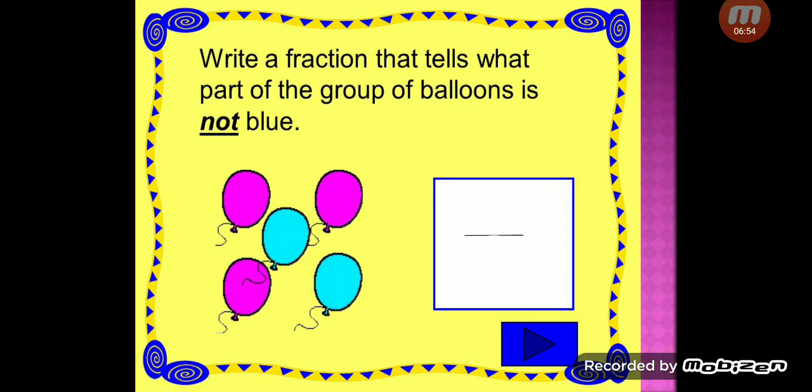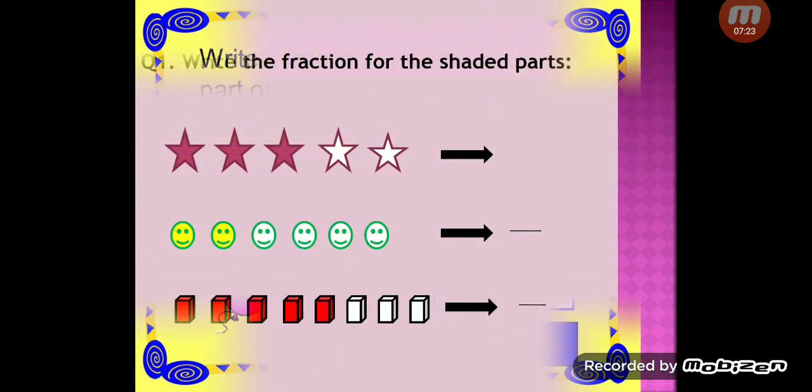I will make a line and write the number of balloons which are not blue, 3, above the line, and the total number of balloons below the line, that is 5. So the fraction for the part of the group of balloons which are not blue will be 3 by 5.